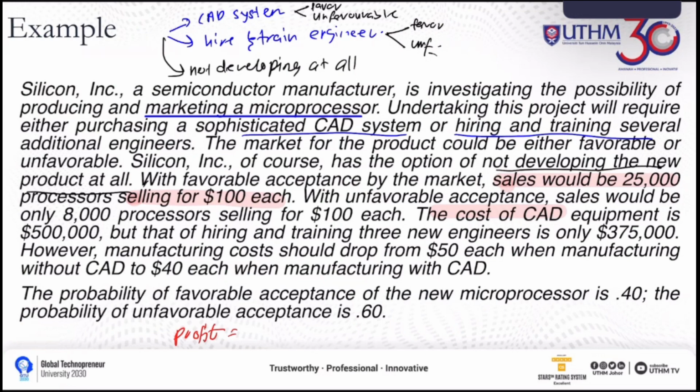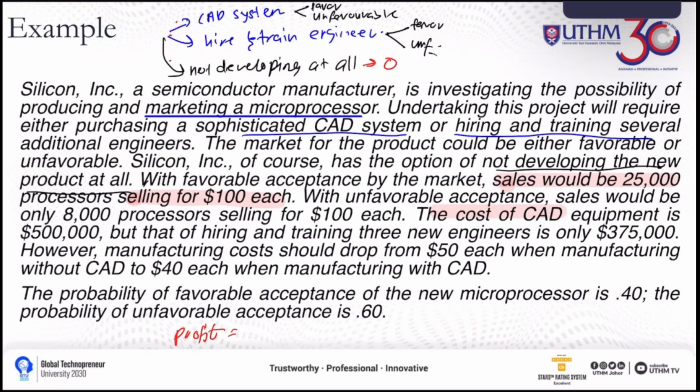So that means between these three options, which gives you the highest profit? That is our final decision. Now if we are not developing at all, we don't have any profit at all. So that's done. Now we need to see whether we have profit or loss for these two options.